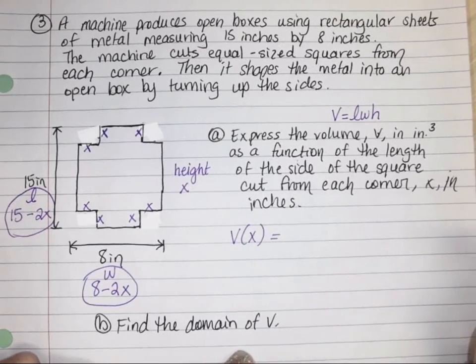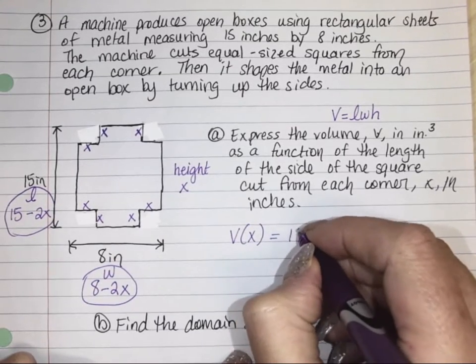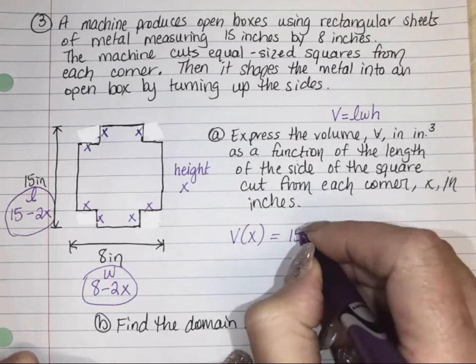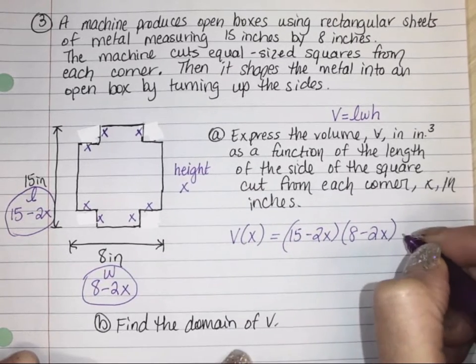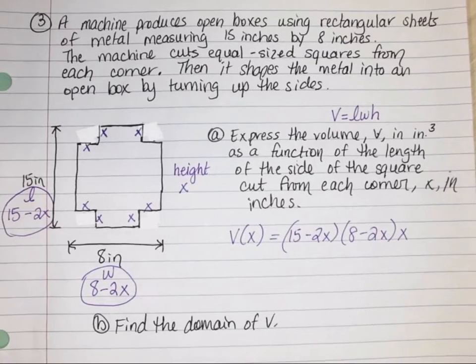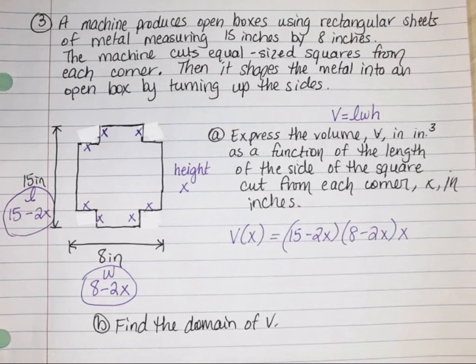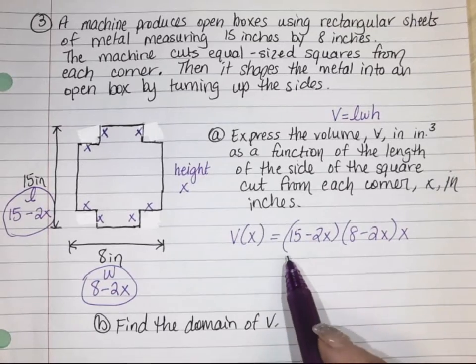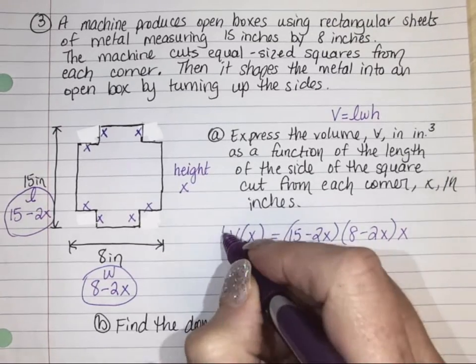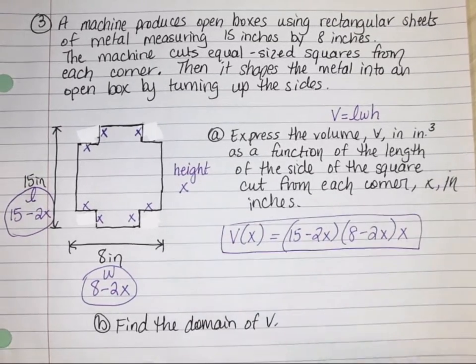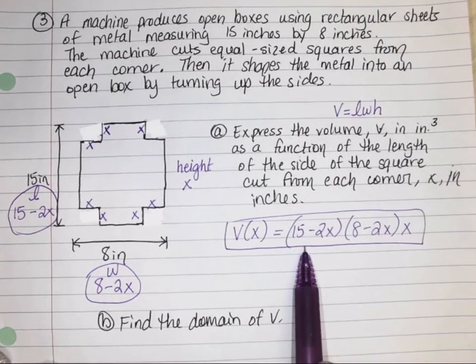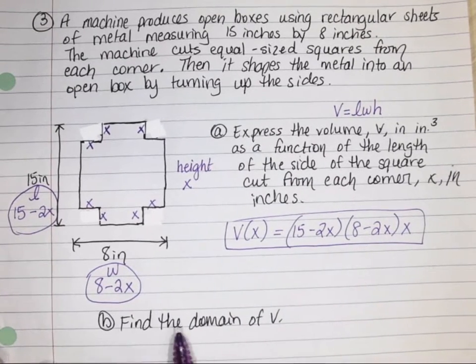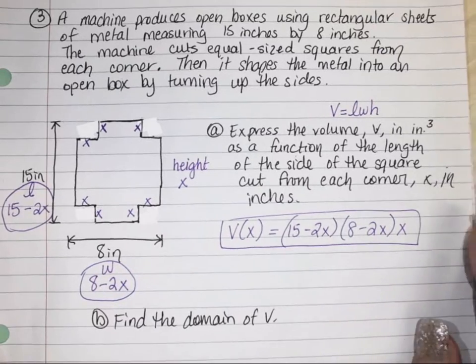V of x equals length, which is 15 minus 2x, times width, which is 8 minus 2x, times the height x. And you'll be happy to know you don't have to FOIL that out. You can just leave it as such. You actually want to leave it unfoiled so that you can answer other parts of it.